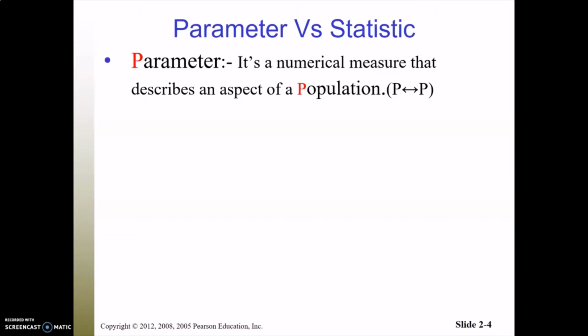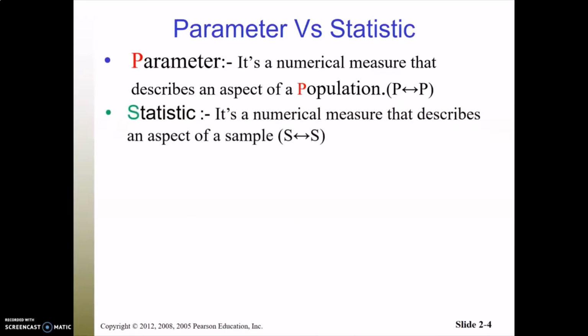So remember, parameter starts with P and population starts with P, so P goes with P. Next is a statistic. It's a numerical measure that describes an aspect of a sample. It's still a numerical measure, but it describes not the population, but a sample.